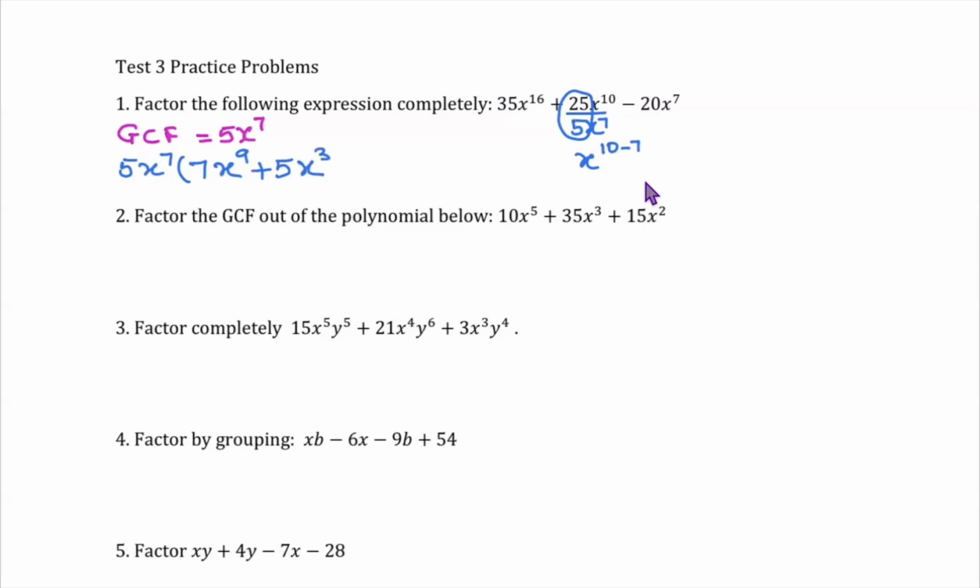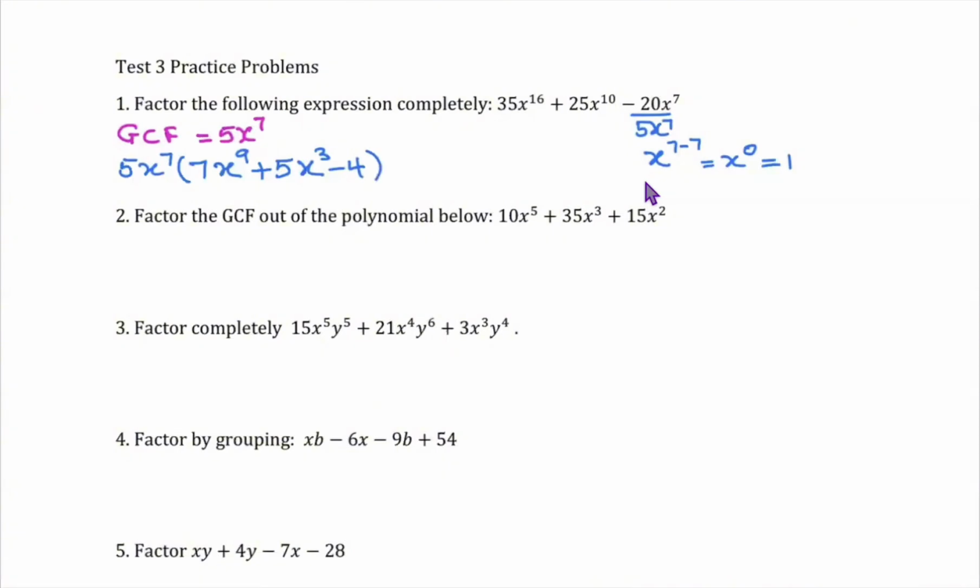We will do the same thing for the last term. We will divide by 5x to the 7th. So negative 20 divided by 5 is negative 4. X exponent 7 minus 7, that's x exponent 0. And we know any number exponent 0 is 1. So that would be times 1, so you don't have to write that.